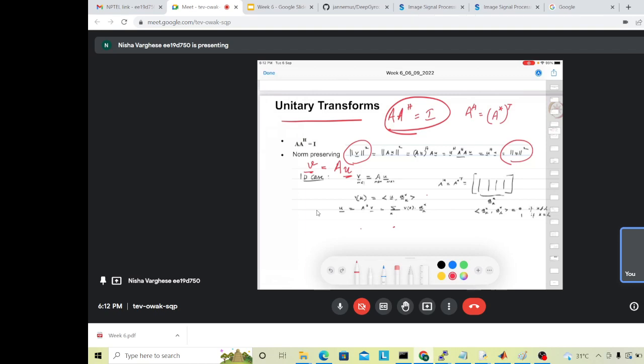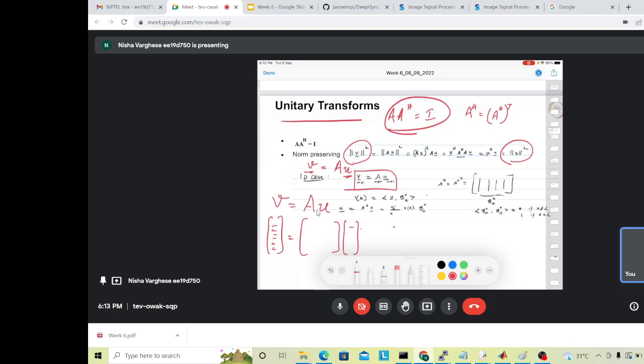Then in the one dimensional case, we will write it like this: in the transformation domain, V is equal to a matrix A times U. V will be a vector, A will be a matrix and U will be a vector.